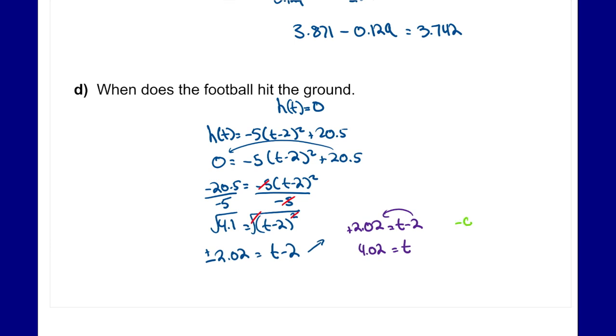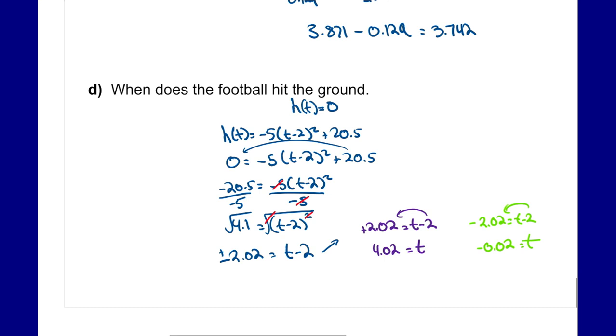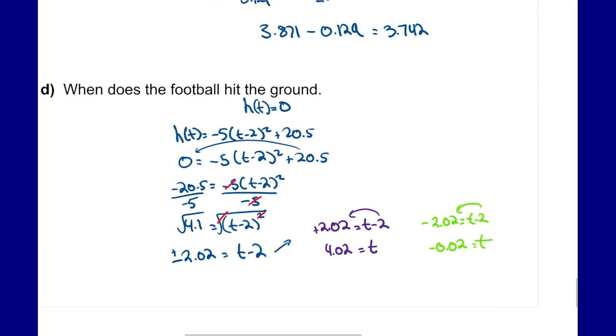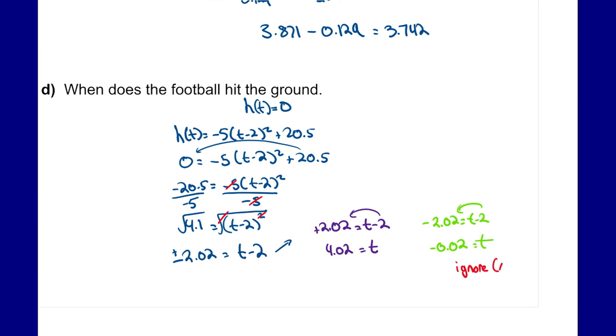And the negative 2.02 = t - 2. Bring that over, we get -0.02 = t. We can ignore that second answer because it is negative. We can't have a negative time.